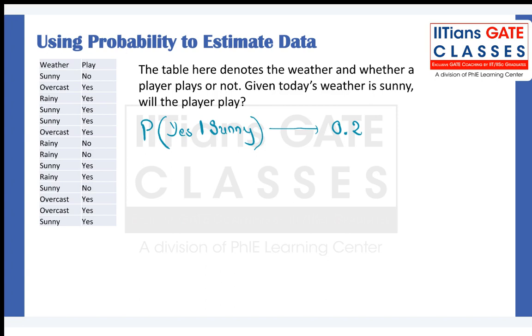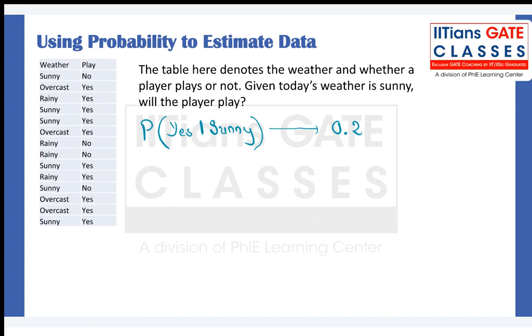Given that today's weather is sunny, my probability says with 20% chances, or probability of 0.2, that the player will play. Is this a correct statement? Yes or no? Correct, right?